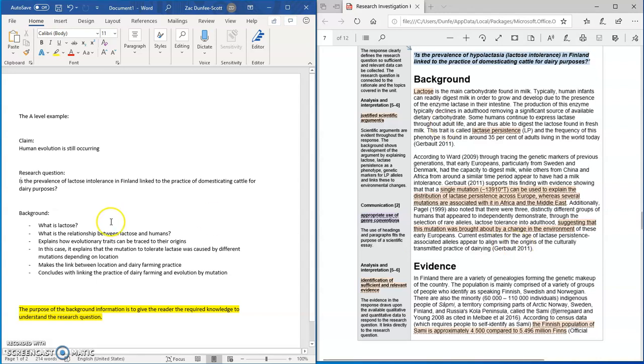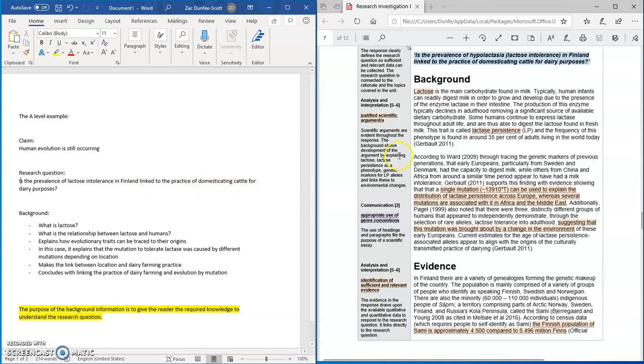So what it's talked about there is linking this back to evolutionary traits. It explains how evolutionary traits can be traced from their origins, because part of this research question is obviously about lactose intolerance, and if it's been linked to domesticating cattle for dairy purposes.